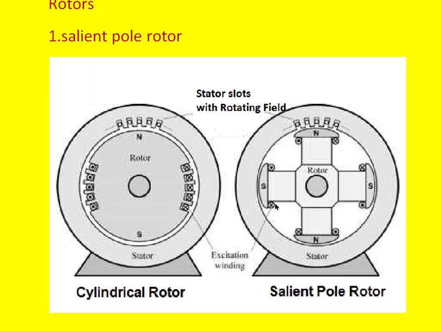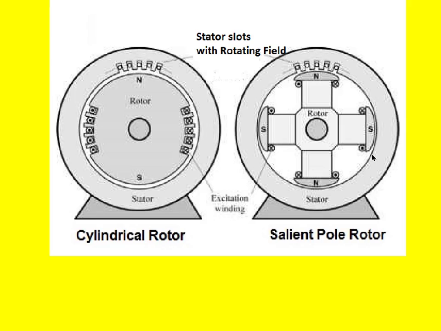Similarly, the rotor will have slots in which the field winding is placed, and that field winding is connected to the DC supply, whereas the stator winding is connected to the three-phase AC supply. When the three-phase AC supply is given to the stator of the synchronous motor, a rotating magnetic field rotates with a constant magnitude at a constant speed called the synchronous speed.